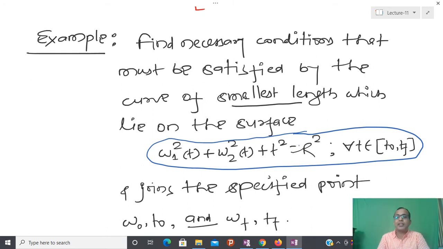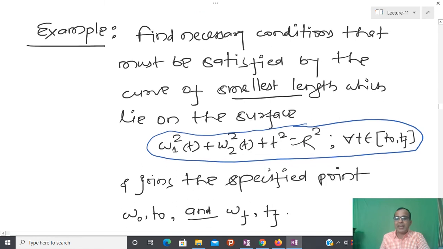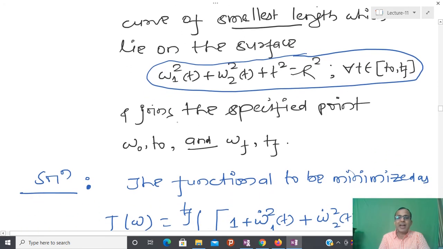But here I have a certain kind of surface, and I have to find the smallest length which is going to lie inside this surface. Here this surface is varying with respect to time, and I constrain my time between t0 and tf. And after that I have some specification about the point, and this point is omega 0, t0.